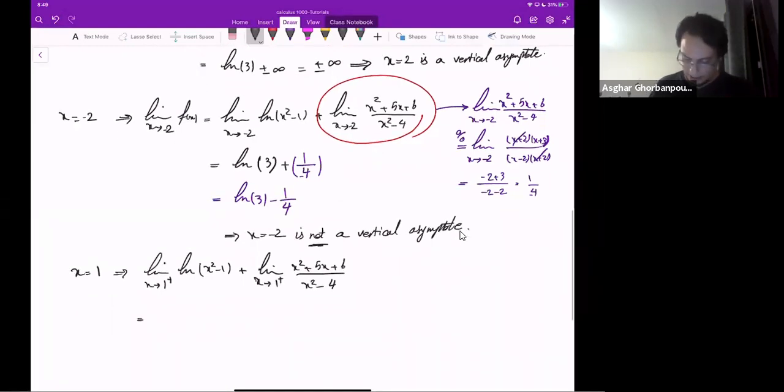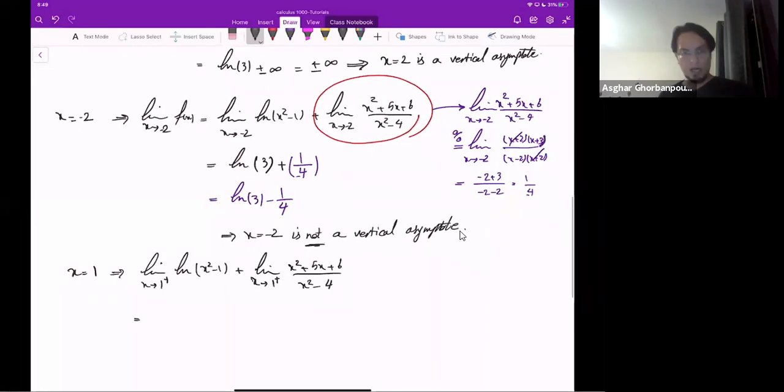As x goes to 1 from the right, x squared minus 1 gets smaller and smaller. This is the same as ln of a box, where the box goes to 0 through positive numbers.